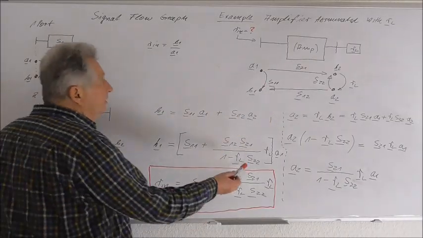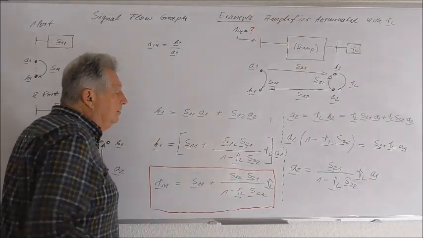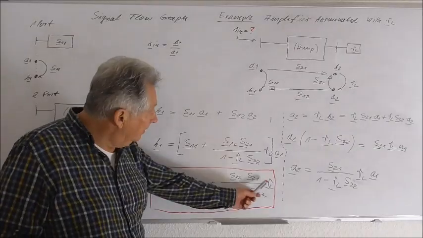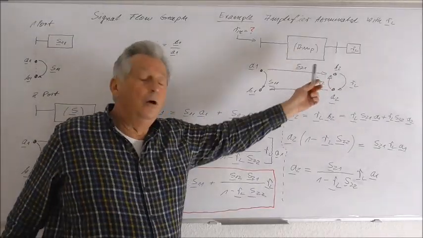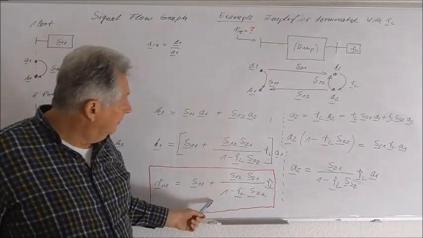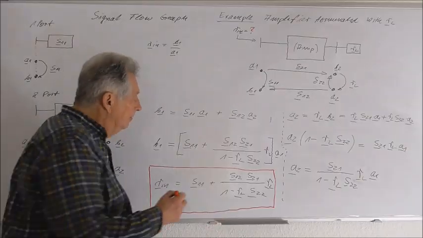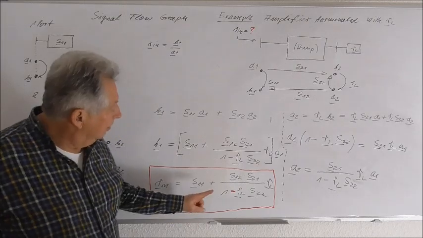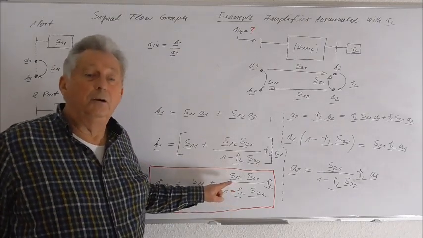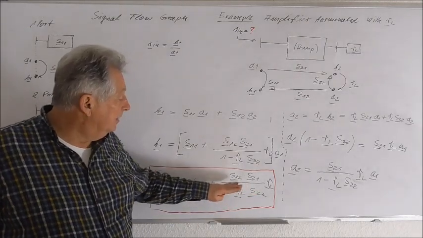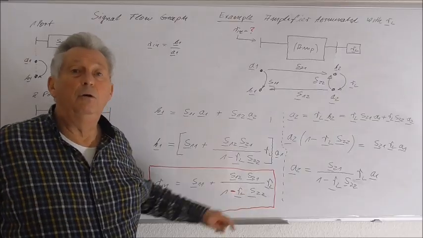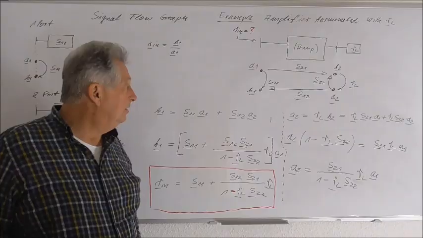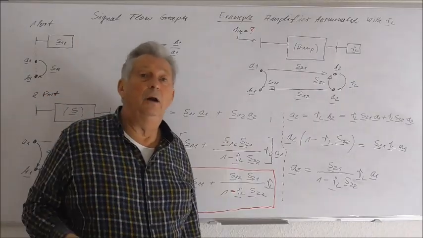But since normally this element is quite small, but it still exists, the output reflection coefficient will also have an influence on the input. And the problem is, of course, this denominator here, because in certain situations this denominator can become 0, and this will result in instabilities, which we will see later in our lecture.